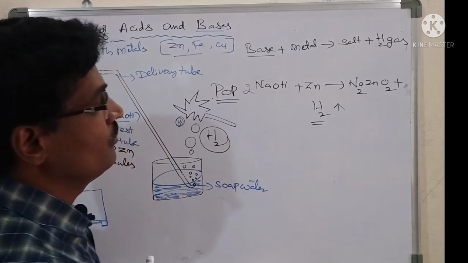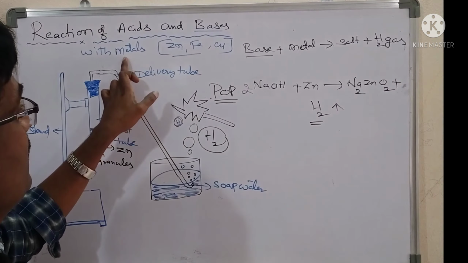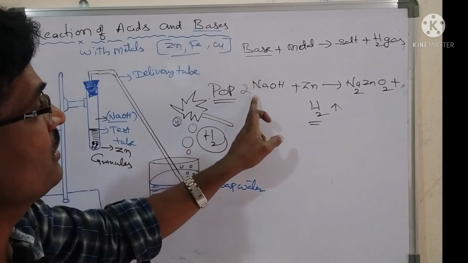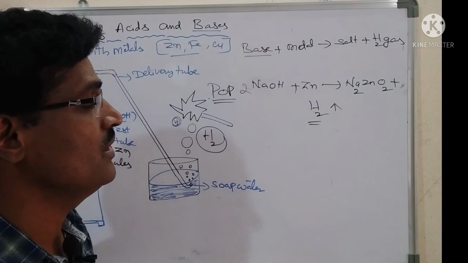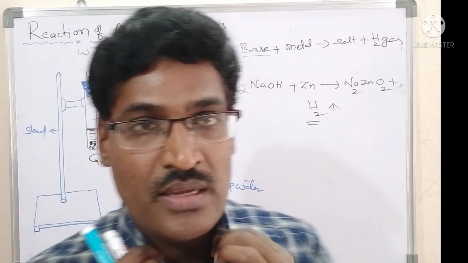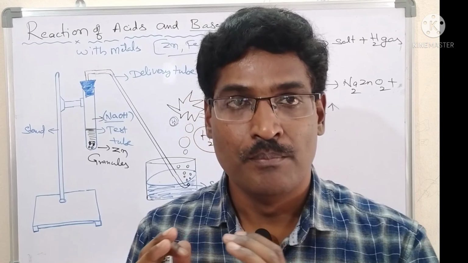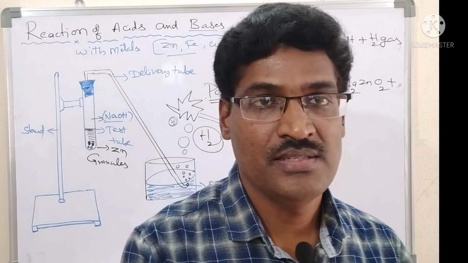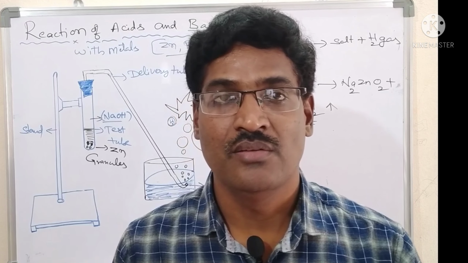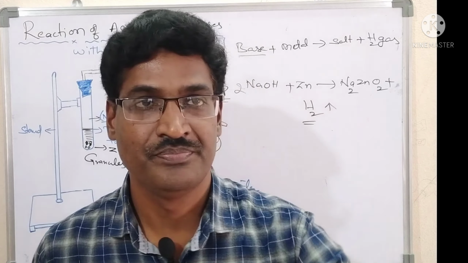Now, what is the conclusion we have to give? When acid reacts with metal, hydrogen gas is given, and when base reacts with metal, it also produces H2 gas. Our conclusion is: if acids react with metal, hydrogen gas is released. Base also reacts with metal, releasing hydrogen gas and salt.